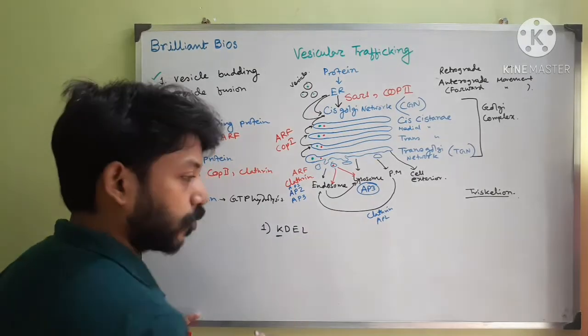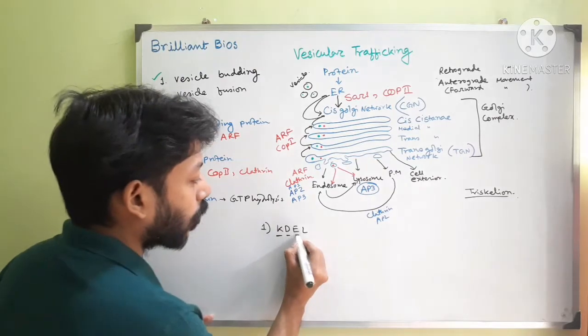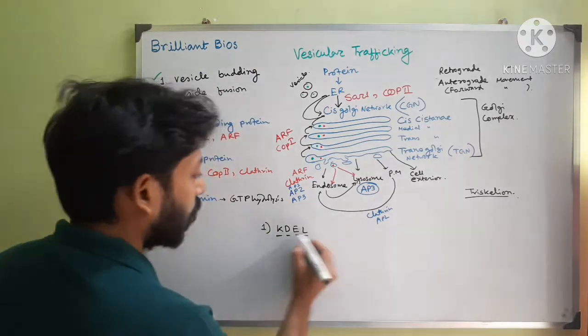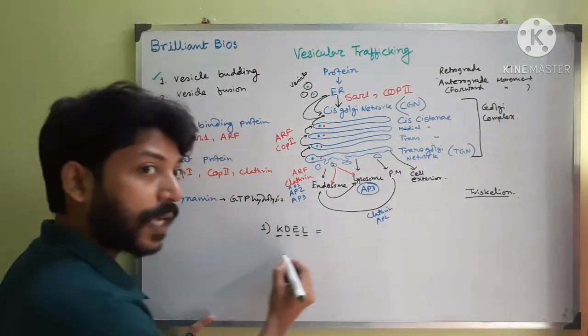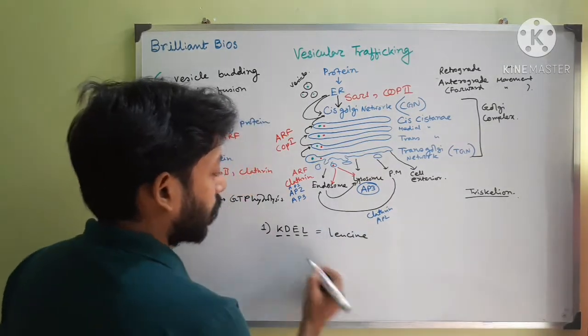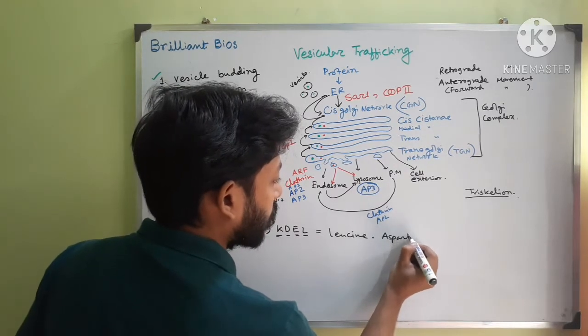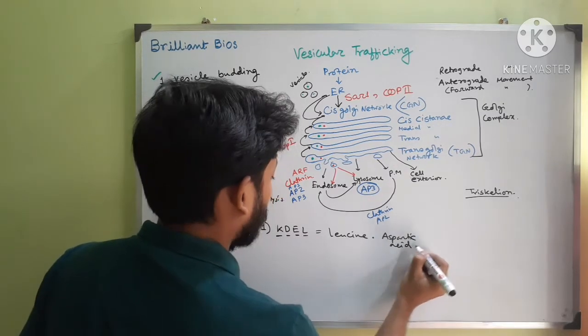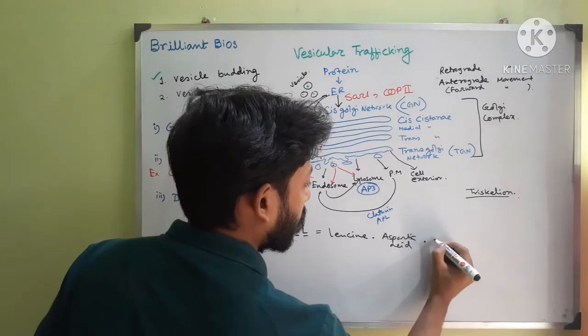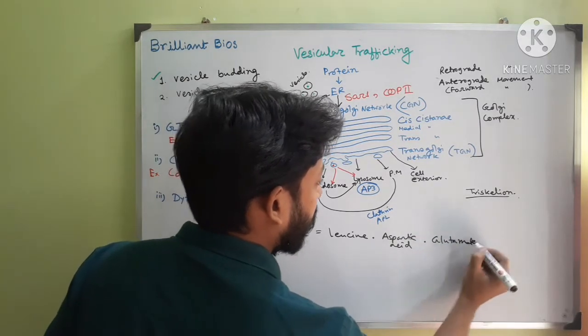K for leucine, D for aspartic acid, E for glutamate, and L for lysine. These are the amino acid sequence.